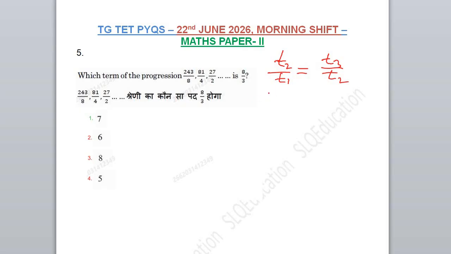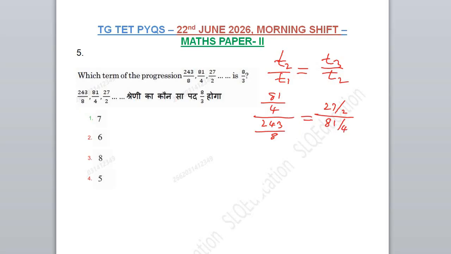So T2 is 81 by 4. 81 by 4 whole divided by 243 by 8. This should be equal to T3 divided by T2, that is 27 by 2 divided by 81 by 4.